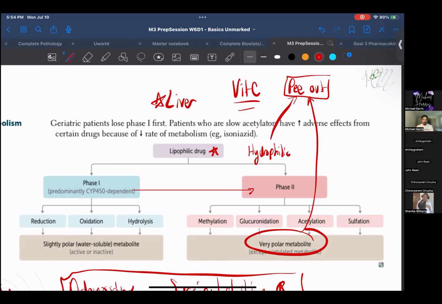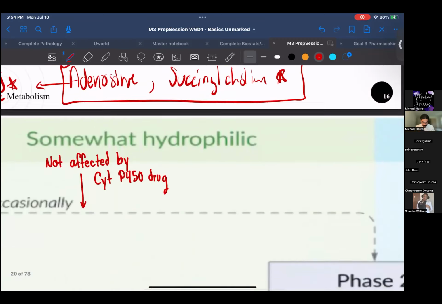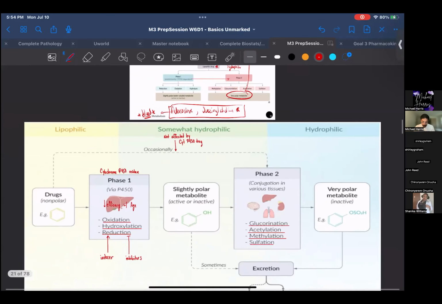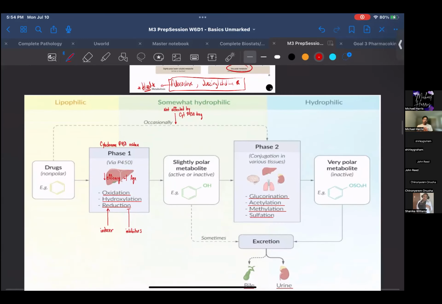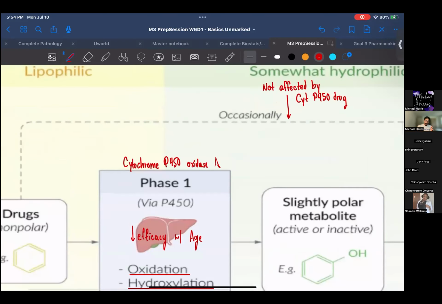Okay? Good. Now, here are the various reactions. You got cytochrome P450. This is phase 1. Now, in cytochrome P450 or phase 1 metabolism, you have a lot of drugs that increase or inhibit this phase.